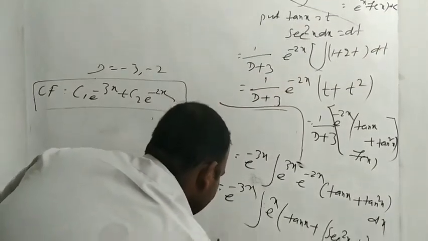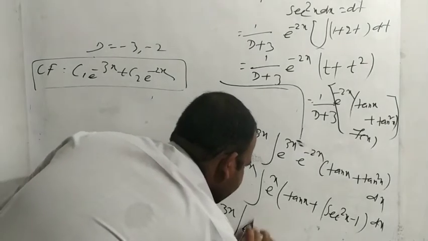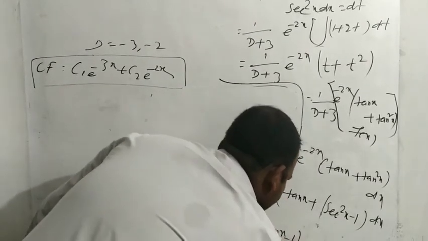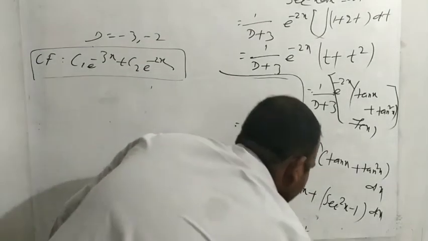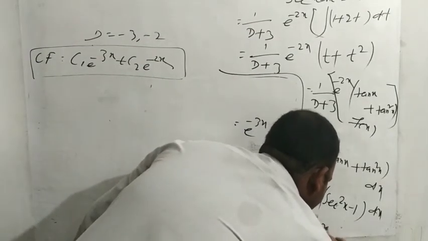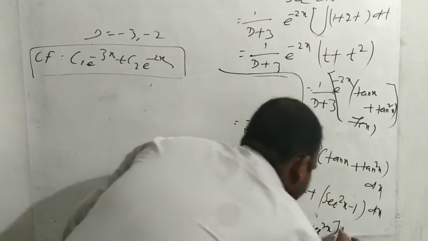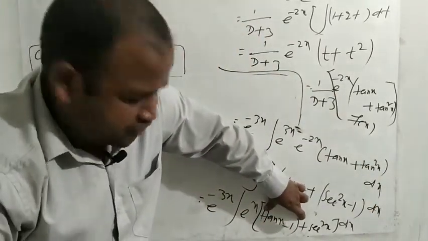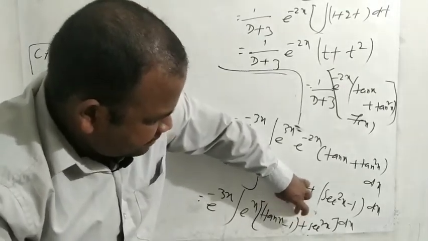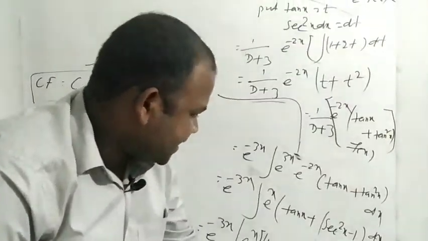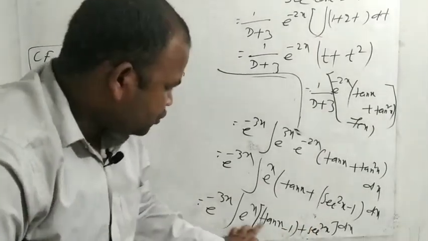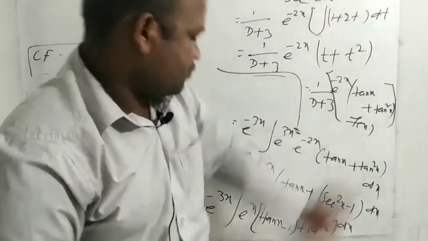So this is e raised to minus 3x integration of e raised to x, this is tan x minus 1 plus sec square x into dx. So tan x minus 1 equals f of x, and f dash x is its derivative, so the derivative of tan x is sec square x and of 1 is 0. So you will arrange in the formula of this one.